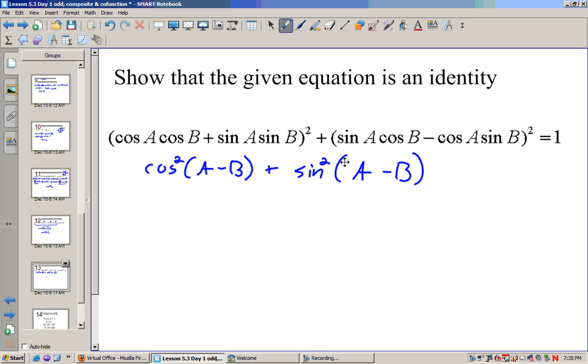Now cosine squared plus sine squared of any angle, as long as these are the same thing in the parentheses, is always equal to 1 from our Pythagorean properties. So in 2 steps, we got from this gigantic thing all the way to 1. And we are done.